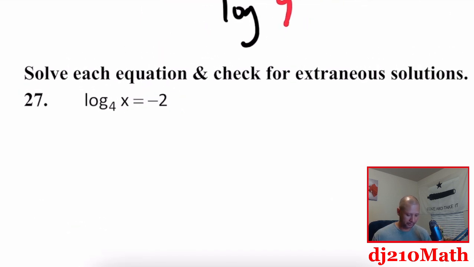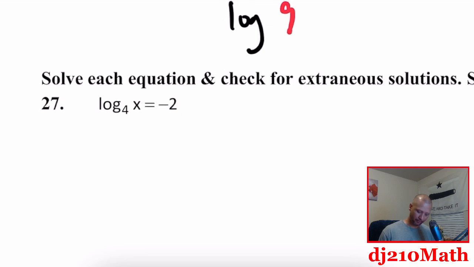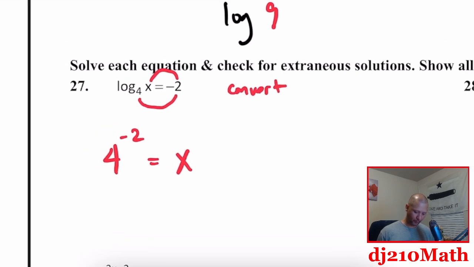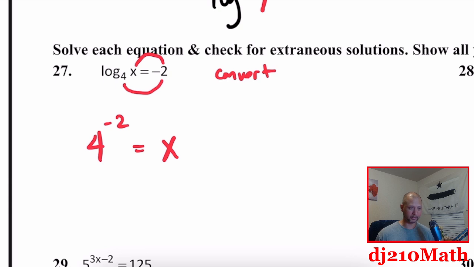So let's look at 27. Of the things I mentioned, there's one log. When there's one log, you rewrite it. You convert this: 4 to the negative 2 power equals x. So we have to think, 4 to the negative 2 power, what does this equal?